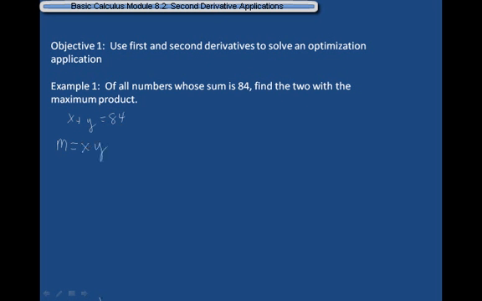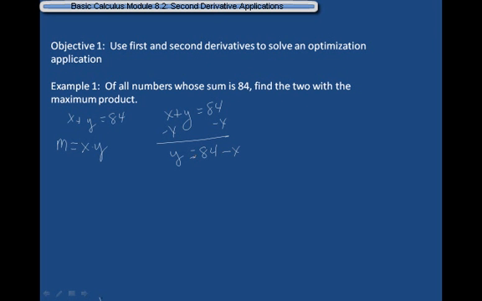Okay, so if we're going to look for a product, let's use our sum. In this case, let's solve for y. x plus y is equal to 84, and we're going to subtract x from both sides. That would give us y is equal to 84 minus x.